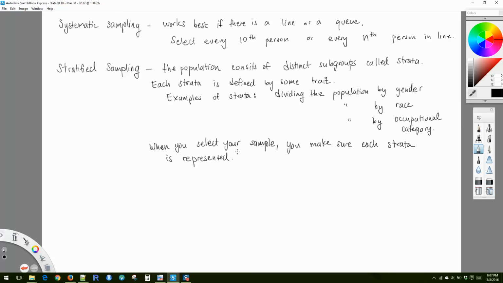And if you have this information, you make sure the strata are represented in the appropriate proportions, or in the appropriate amounts.